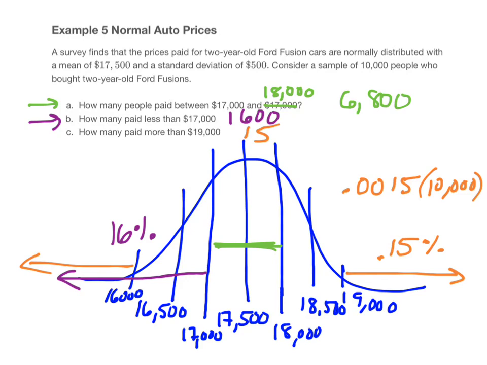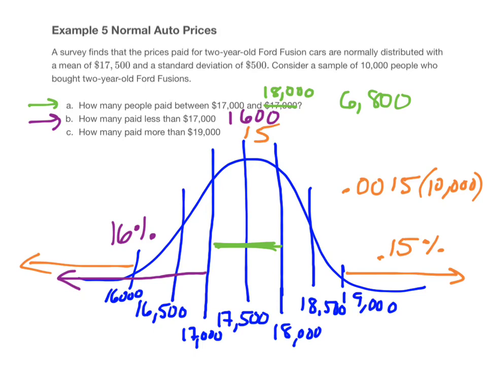So this is consistent with what we know about the spread of the data. We should see very few people that are paying above 19,000 or below 16,000, since this is a normal distribution. Now in this example, we've only dealt with prices that were exactly 1 standard deviation or 2 or 3 away, but let's say we wanted to know how many people paid more than 20,000 or less than 14,500, right?